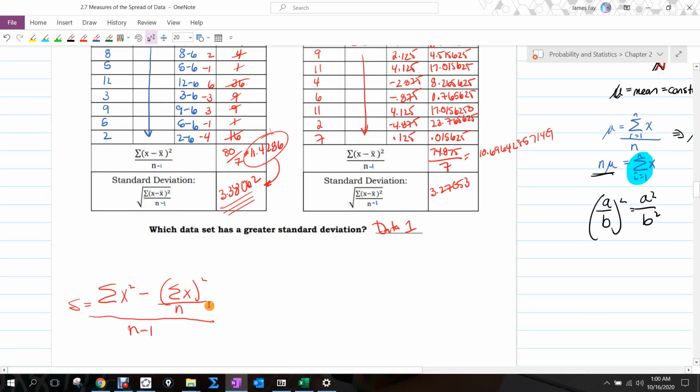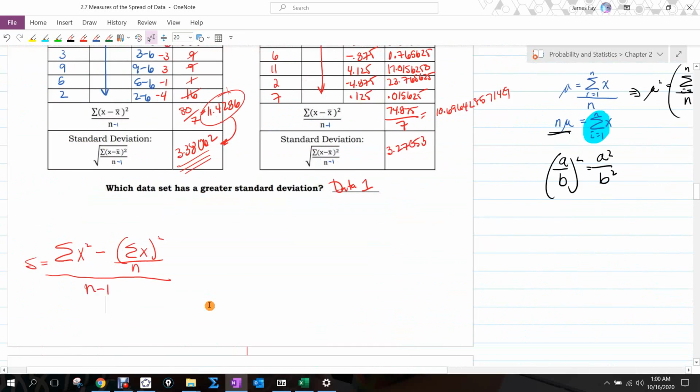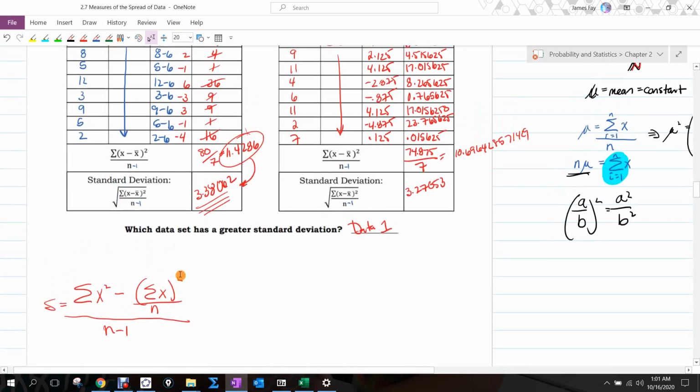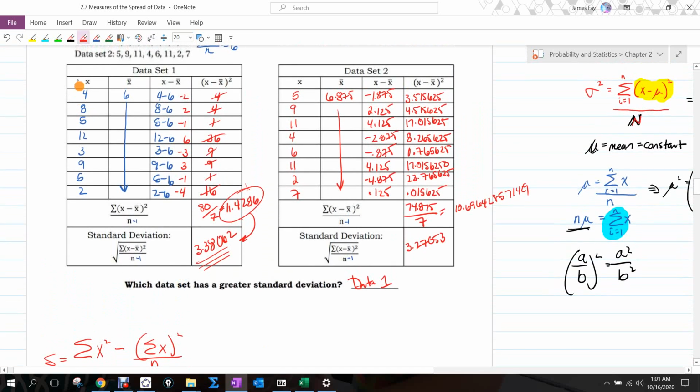So look what this means, okay? This means we're going to take our x squareds and sum them first. Okay, so when we look at our x's, if we square those, we get 16, 64, 25, 144, 9, 81, 25, and then 4.